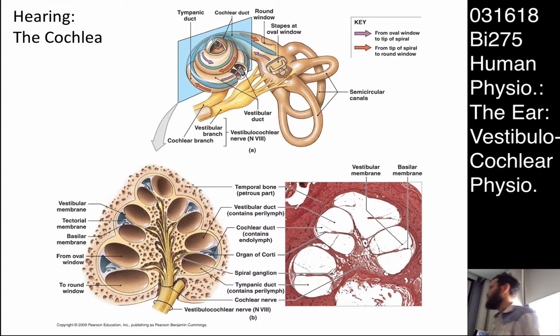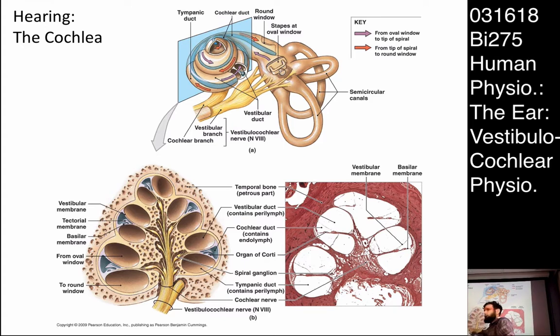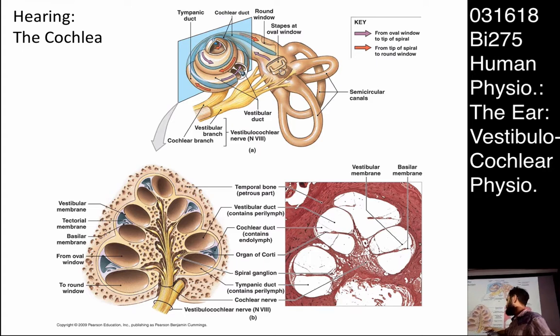The first bony passage is called the tympanic duct, and it spirals around. In this picture, to say inferior and superior is not really meaningful here, but it spirals around to the apex and then joins at the top with the vestibular duct. And the vestibular duct spirals around downward towards the base of the cochlea.